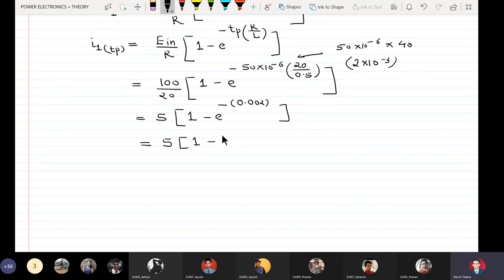It's 0.998, which is equal to, comes out to be 0.01 amperes, that is 10 milliamperes, right?